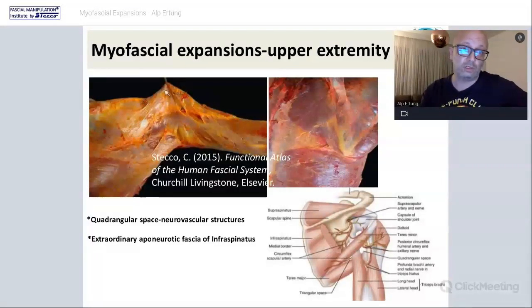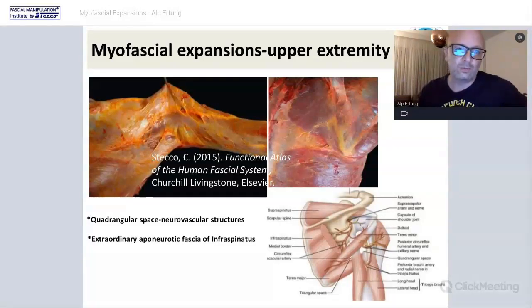This is really a wonderful photo, by the way. If you don't have Carla Stecco's Functional Atlas of the Human Fascial System, you have to get it to understand it better. We see that the infraspinatus has a very extraordinary aponeurotic fascia. It's another topic to talk about.